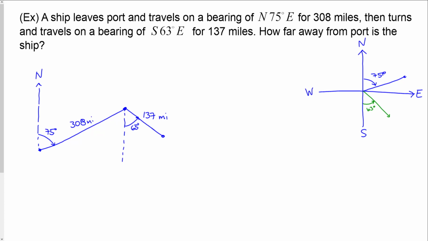Now, the question is asking, what is the distance from port of this ship? So what is this distance right here that I'll put in green? Clearly we have a triangle that we can work with, but we're going to have to figure out some information about that triangle.